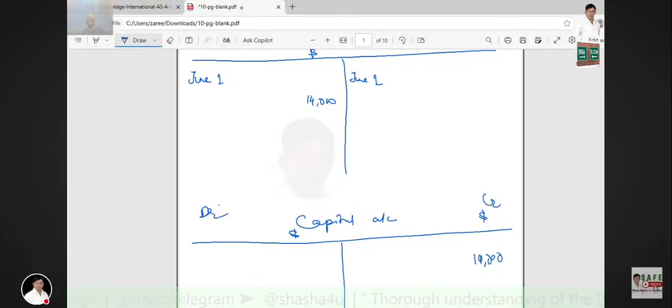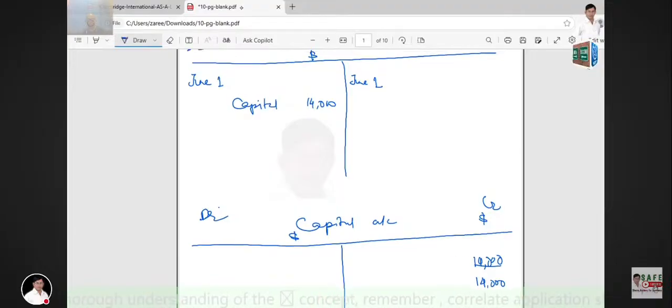Who is a creditor? Creditor and supplier are one and the same. Creditor itself is the supplier. So when you return goods to him, where will the entry come?